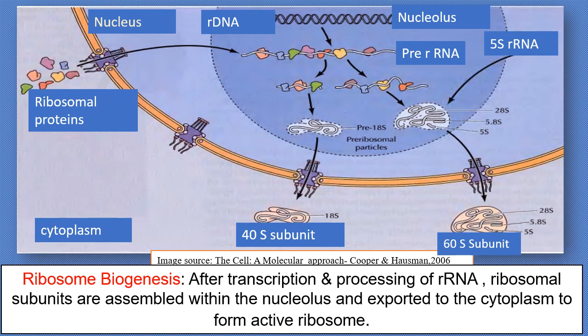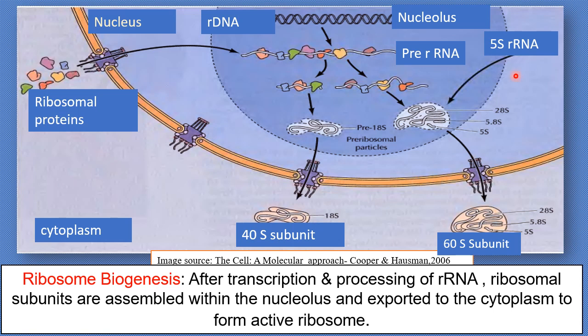This picture depicts the entire process of ribosome biogenesis. When the ribosomal DNA is transcribed into pre-ribosomal RNA, the ribosomal proteins, which are synthesized outside the nucleus, are transported into the nucleolus through the nuclear pore complex and combined with the pre-ribosomal RNA molecule.